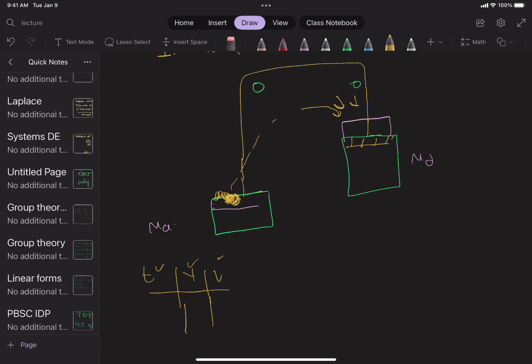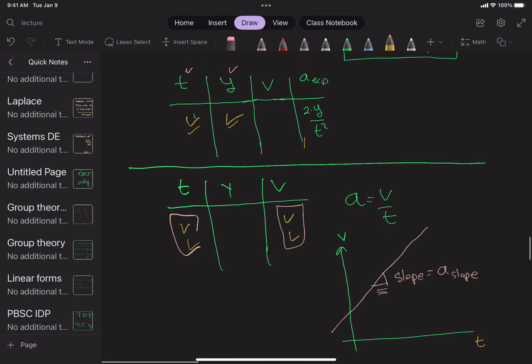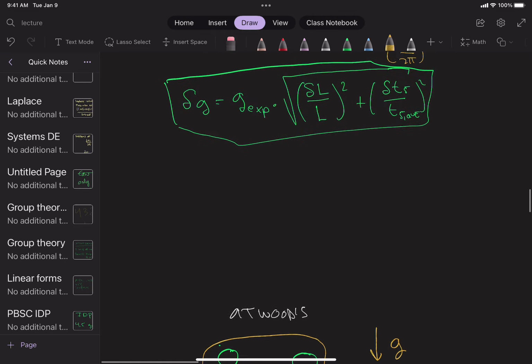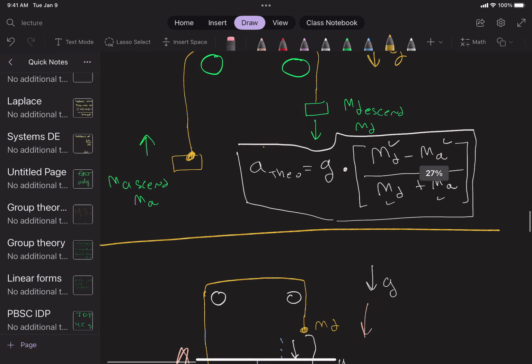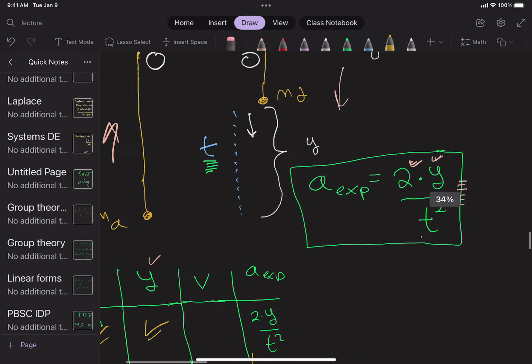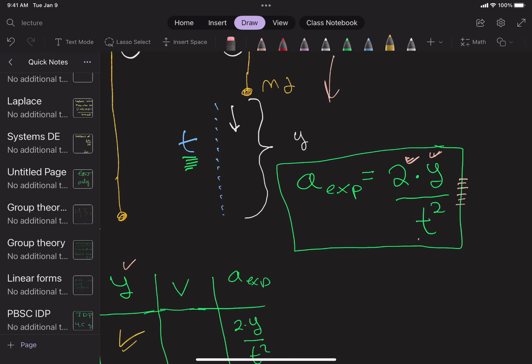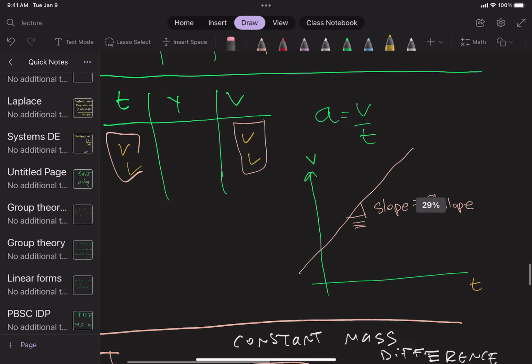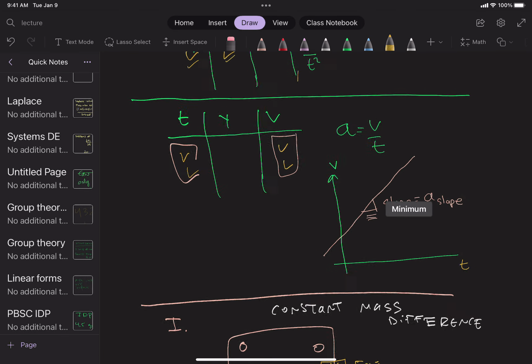In each case, you'll be able to calculate a theoretical acceleration using this formula. You'll be able to calculate the experimental acceleration using this formula here, using the time and position data. And you'll also get the acceleration by making a plot of velocity versus time.